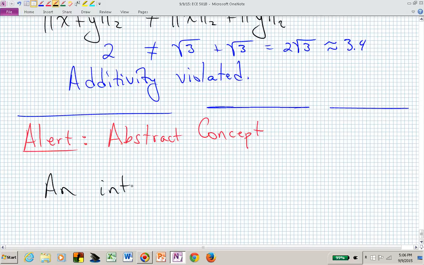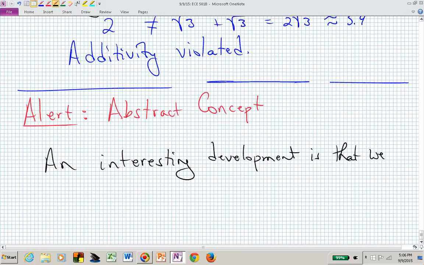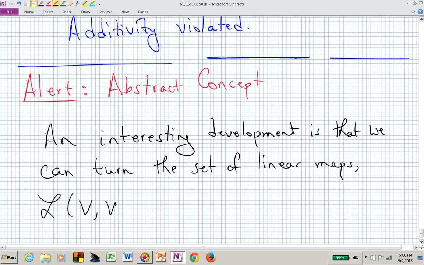An interesting development is that we can turn the set of linear maps, which we've said we will label as script L of V comma W, into a vector space.